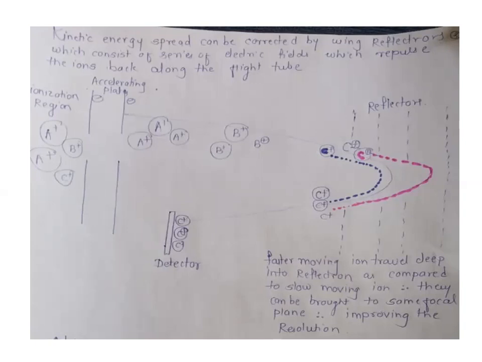So the last ion from the first pulse has to be recorded. So this kind of mass analyzer can be used along with an ionization method which produces pulses.